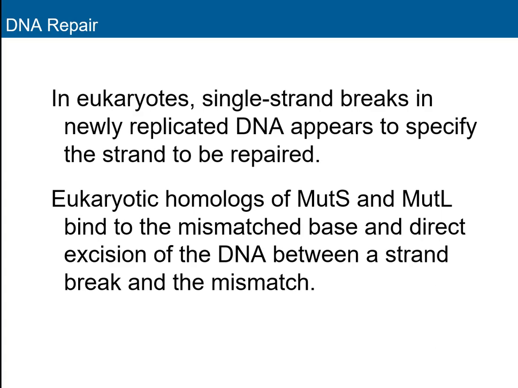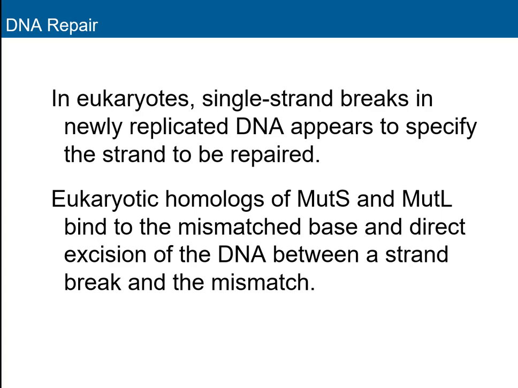And that was in E. coli, okay? In eukaryotes, the ability to distinguish between the template strand and the newly synthesized strand doesn't have to do with methylation like it does in E. coli.